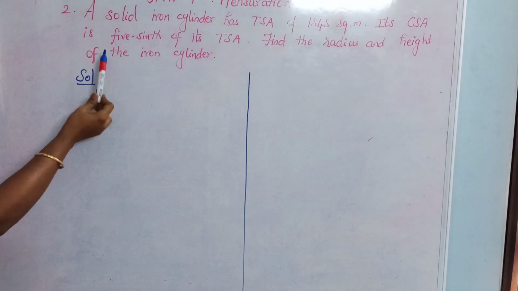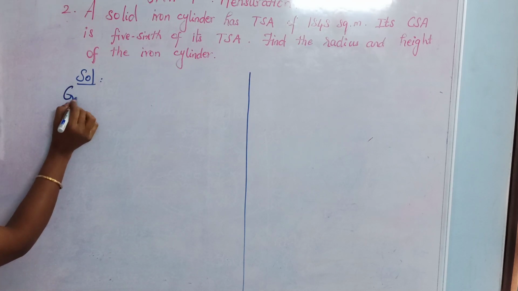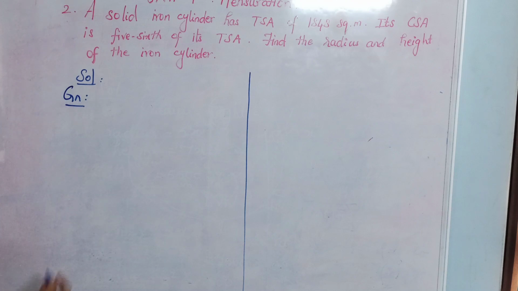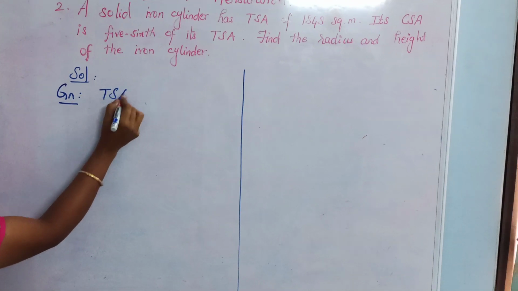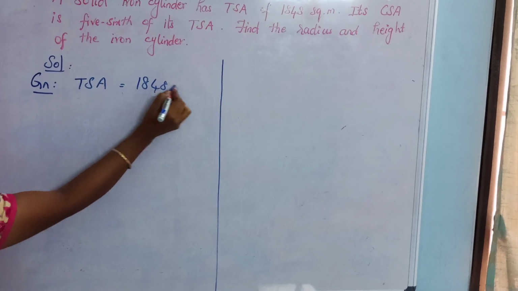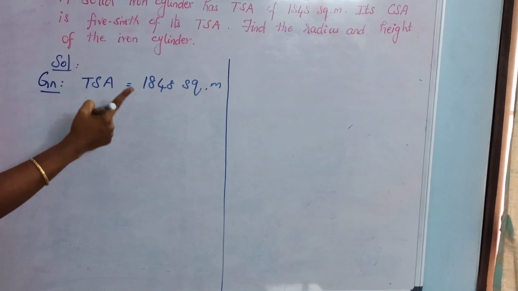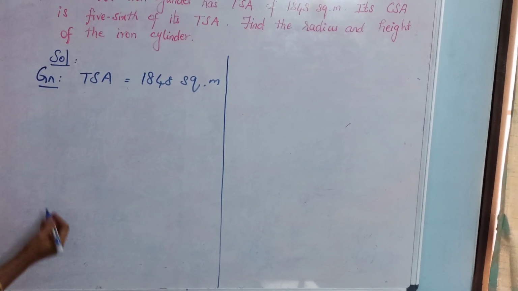So here the problem is based on cylinder. So before starting the problem, first let us write what is given. So given is total surface area of cylinder, which is given as 1848 square meter. Next, the condition between CSA and TSA is given.